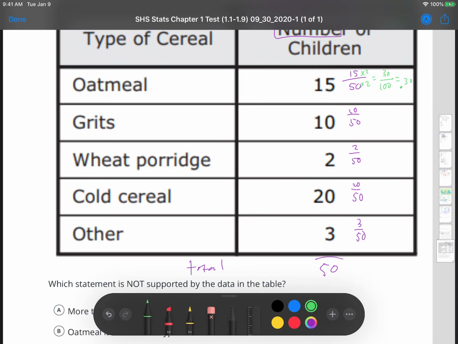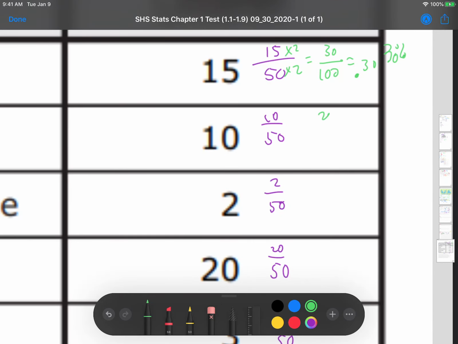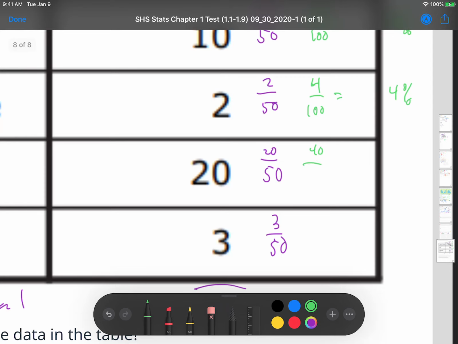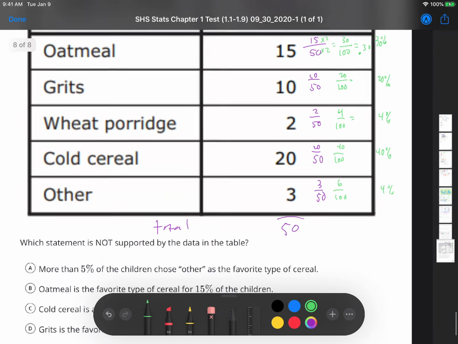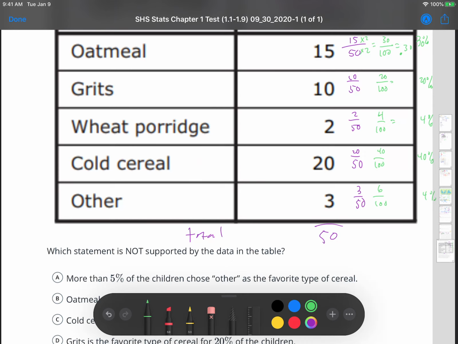You take that number and multiply by 100 and you get 30%. So this would be 20 out of 100, and that would equal 20%. Double it, so you would get 4%. 40 out of 100 gives you 40%, and 6 out of 100 gives you 6%. So if you add all those together, you should get 50 out of 50, 100 out of 100, and 100%.